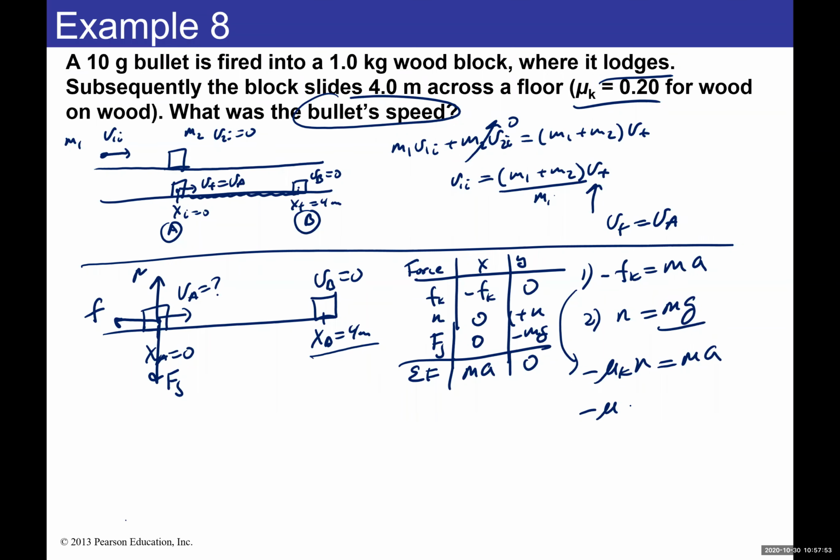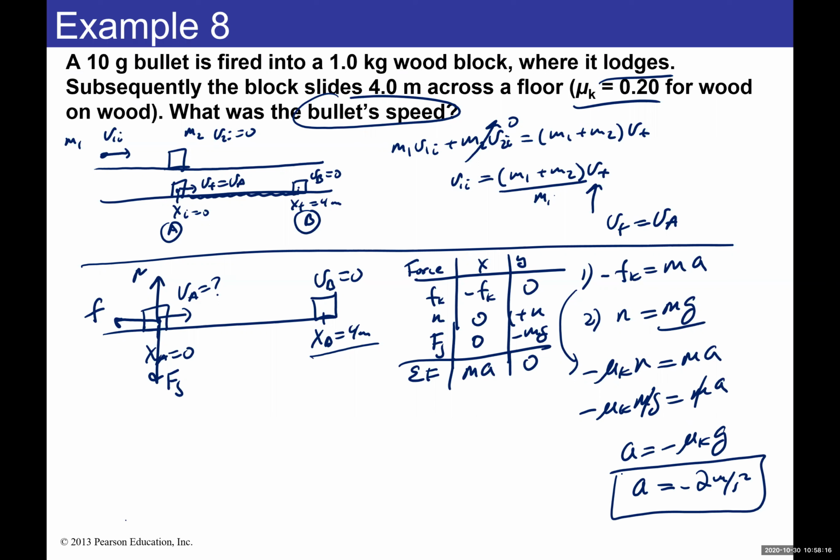So negative mu k times mg equals ma. See, the mass cancels out. Then a equals negative mu k times g. That's it. I can solve for a because it's 0.2 times 9.8, and I get negative 2 meters per second squared. That is my acceleration.